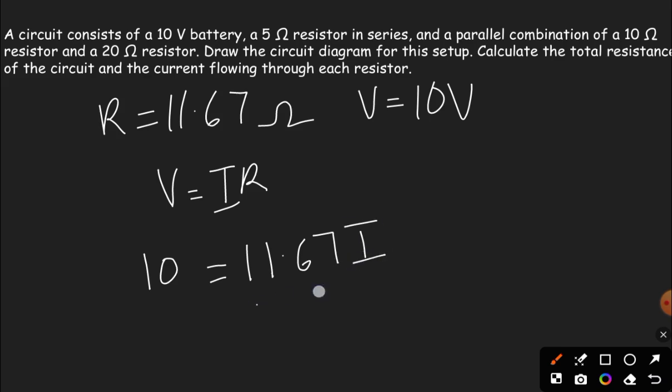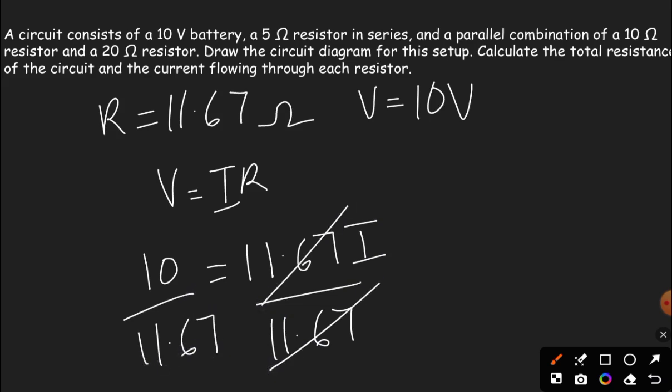Then it's the current you are looking for. So divide both sides by 11.67. 11.67 cancels 11.67. So 10 divided by 11.67, you are going to get 0.857 ampere.